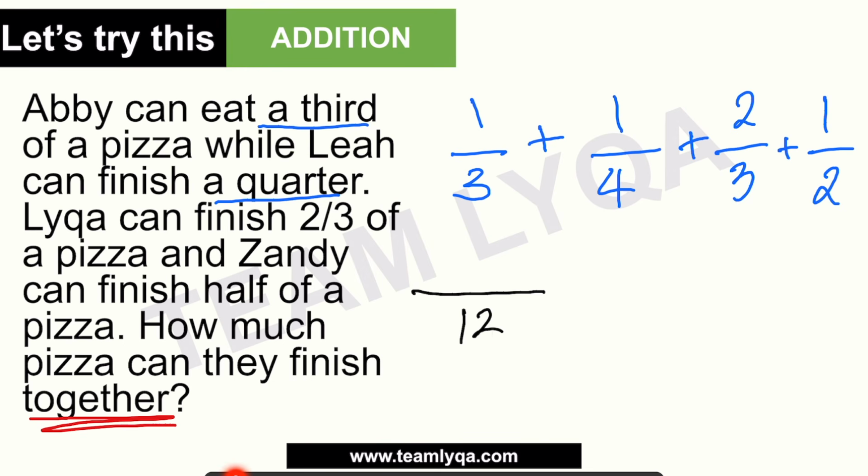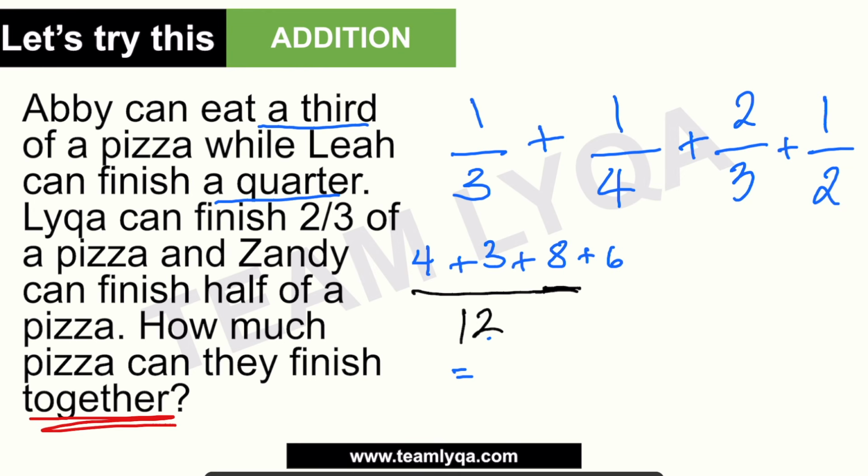Iko-convert ko sila lahat. 12 divided by 3 is 4 times 1. So, this is 4. Plus, 12 divided by 4 is 3 times 1. That is 3. Plus, 12 divided by 3 is 4 times 2. So, that is 8. Plus, and then you have 1/2 daw. So, 12 divided by 2 is 6 times 1. So, that is 6. Or, pag pinagsama-sama na natin, kasi again, pare-pareho na sila ng denominator, we just add all of the numerators together.